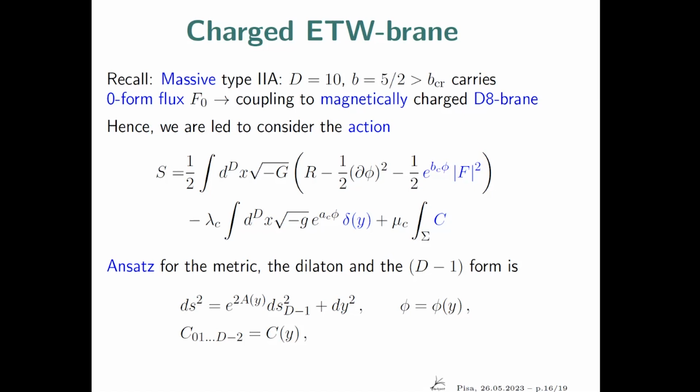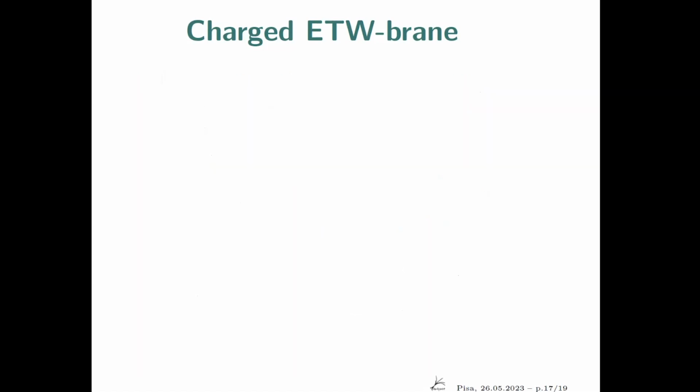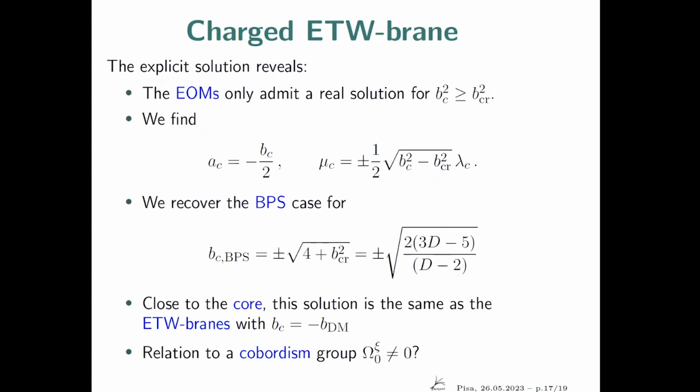And then also the magnetic coupling to the 9-form potential C. Okay, so this is a bit more complicated, of course. So the equations of motion become longer and everything. So I keep it short. So the solution you can find in the paper.